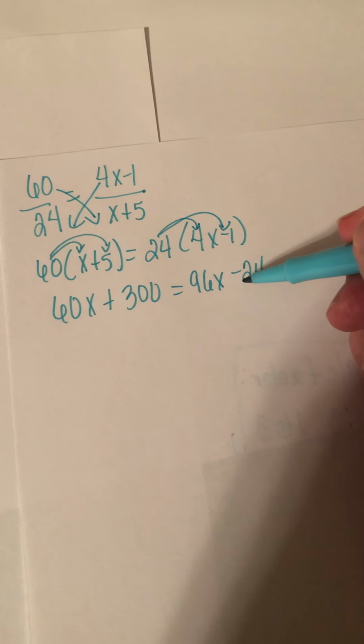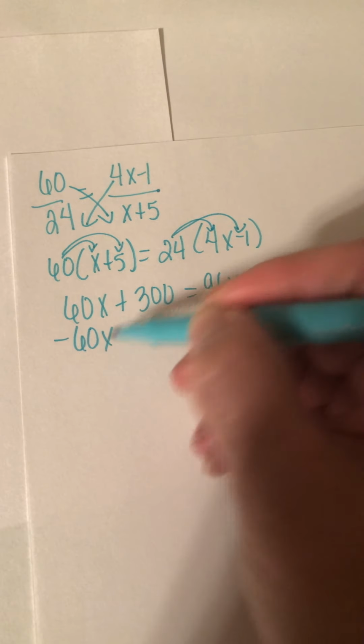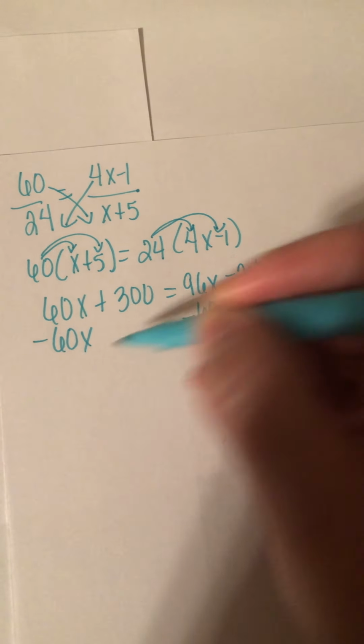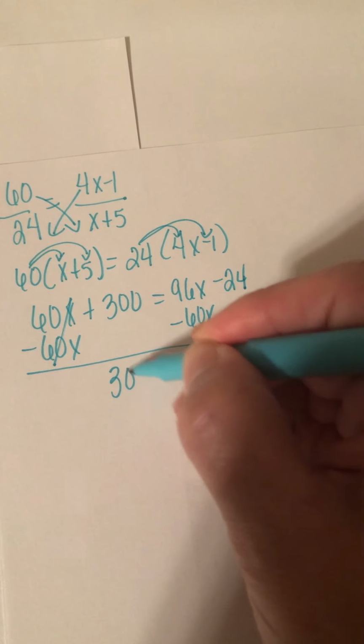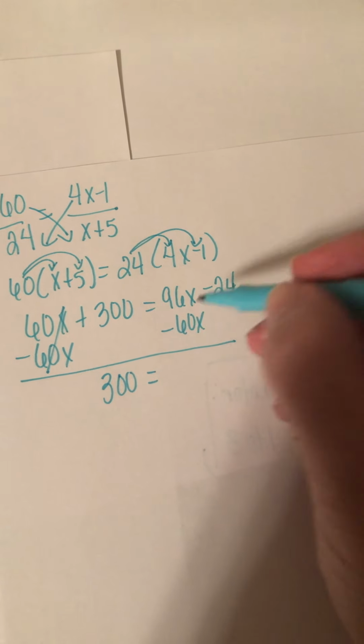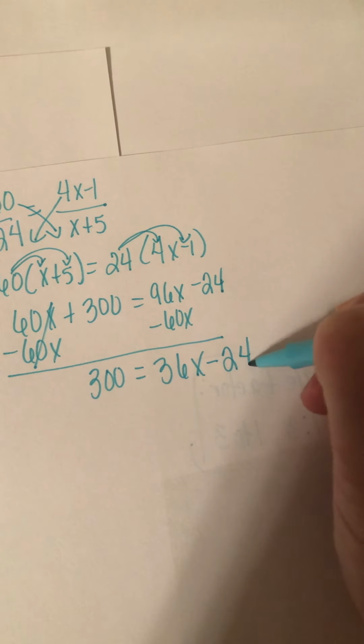Don't forget that minus sign. Now, once again, I'm going to subtract the smaller x to move it to the other side. And that's going to give me a cancel right here. Bring down the 300. 96 minus 60 gives me 36x, and then minus 24.